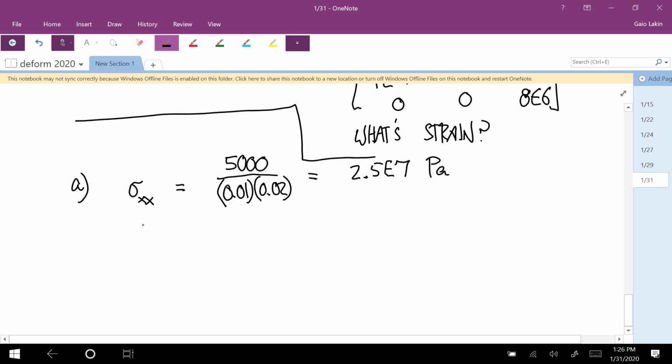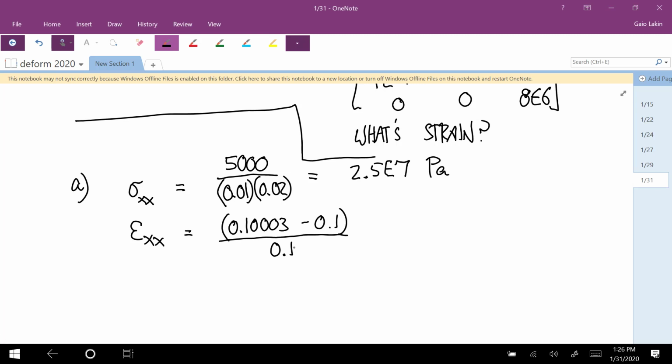And then we'll measure the strain along the x-axis, the normal strain. And that is the deformed length of 0.1, 1, 2, 3 zeros and a 3, minus 0.1, divided by 0.1, and you get 3.0 times 10 to the minus 4, and that's unitless.